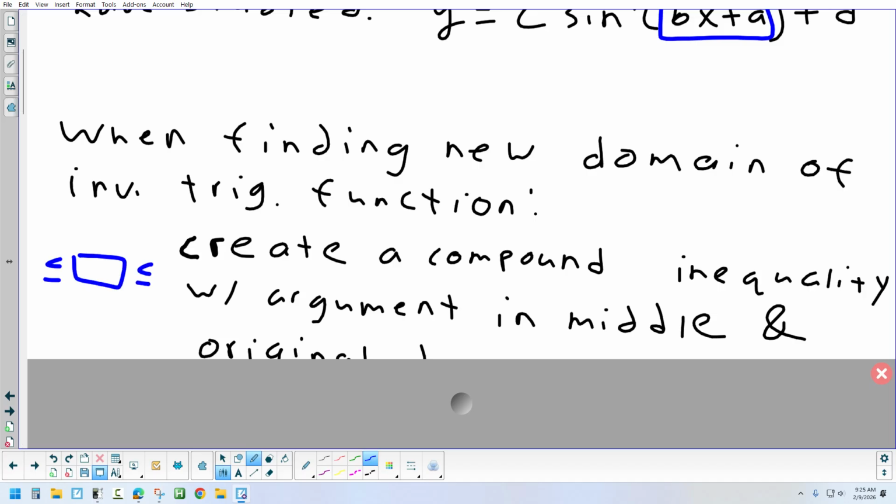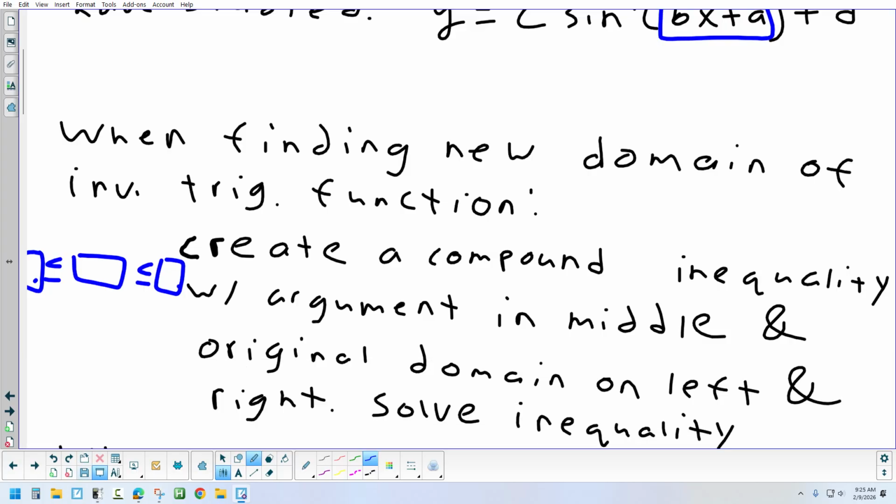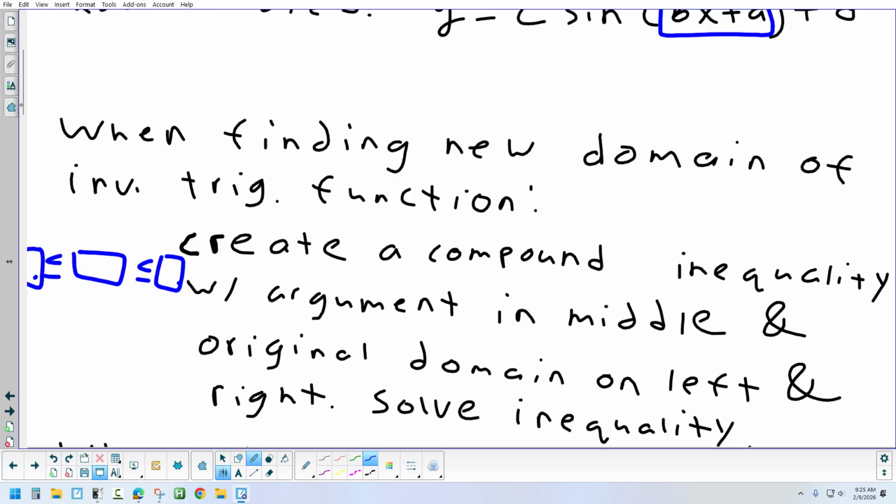You have an inequality sign, maybe you have something like that. But then you have a left and you have a right. Well, what's going to go on the left and the right? The original domain. So this is why you need to know the original domain. So you're going to put the argument in the middle, put the original domain on the left and on the right, and then you're going to solve for x.